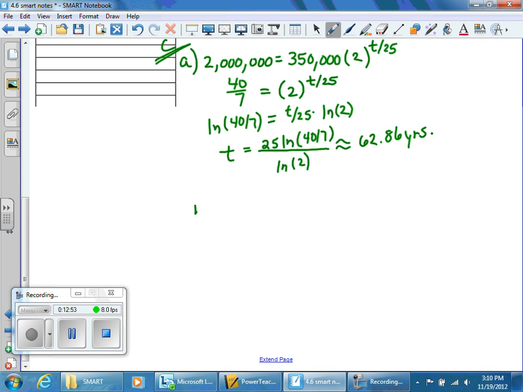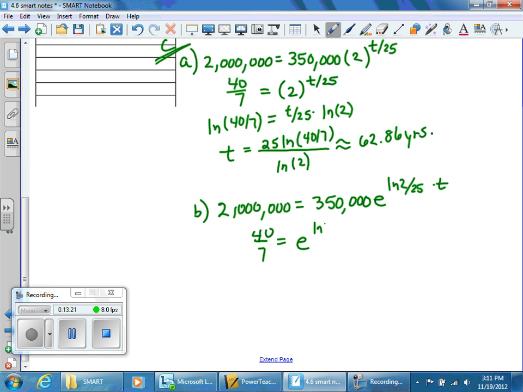Let's see if we did the same thing with B. All right, so plugging in 25 here and solving, I'm still going to divide first. So I'm going to ln both sides.